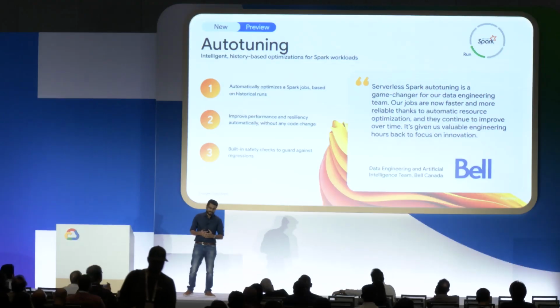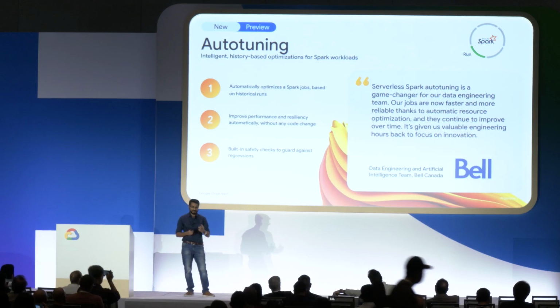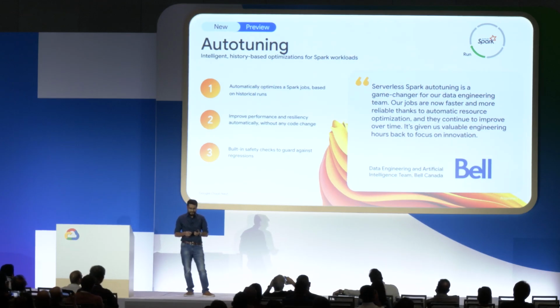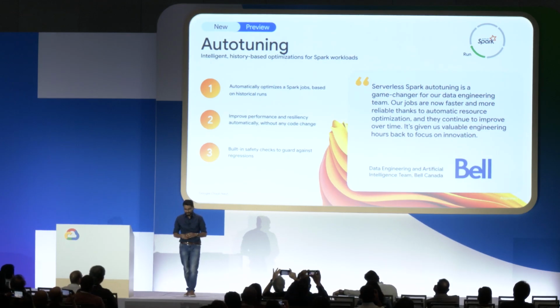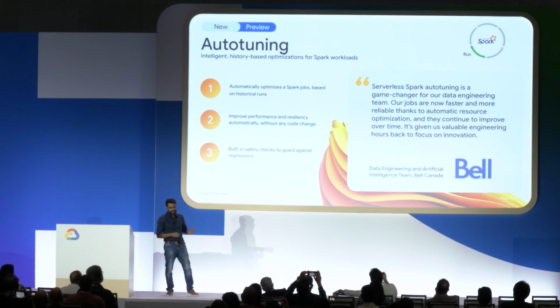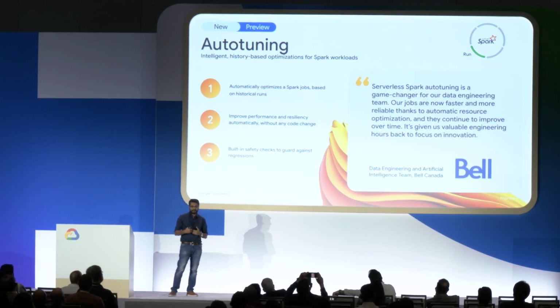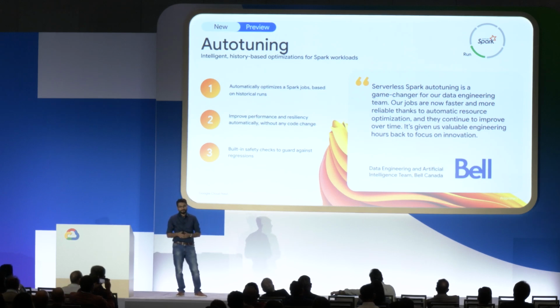All right, the next concept I want to introduce is auto-tuning. Now, all of us know what auto-tuning is. In managed Spark, the serverless version of managed Spark, we have auto-tuning in preview, which looks at your historical runs and then optimizes your jobs accordingly.